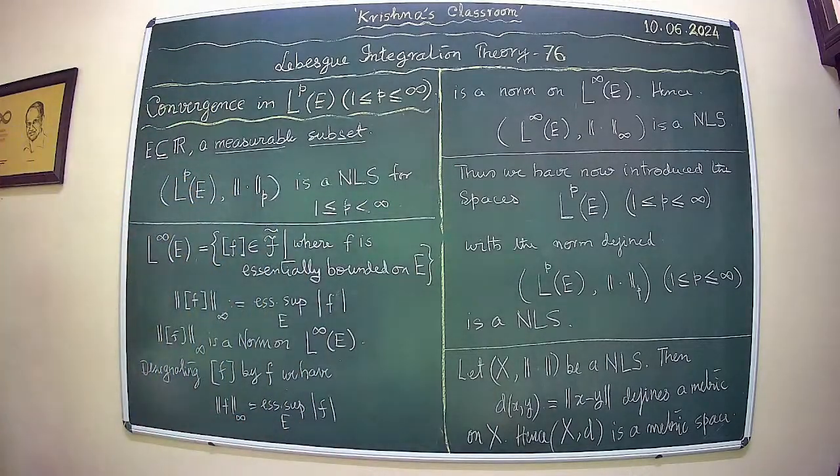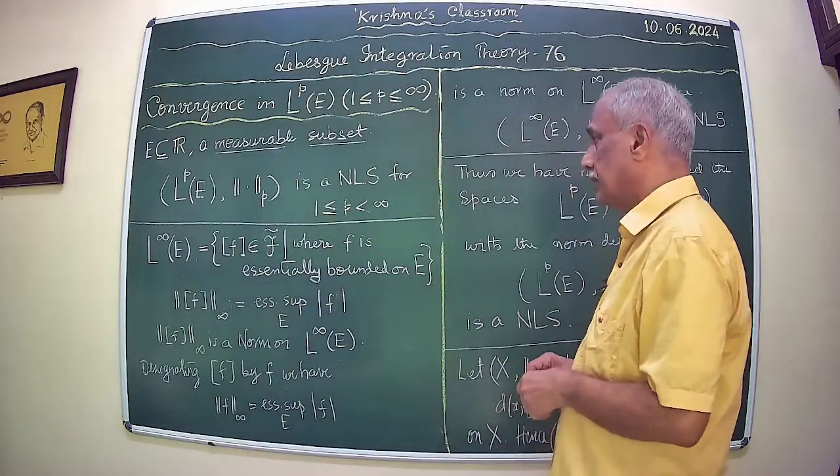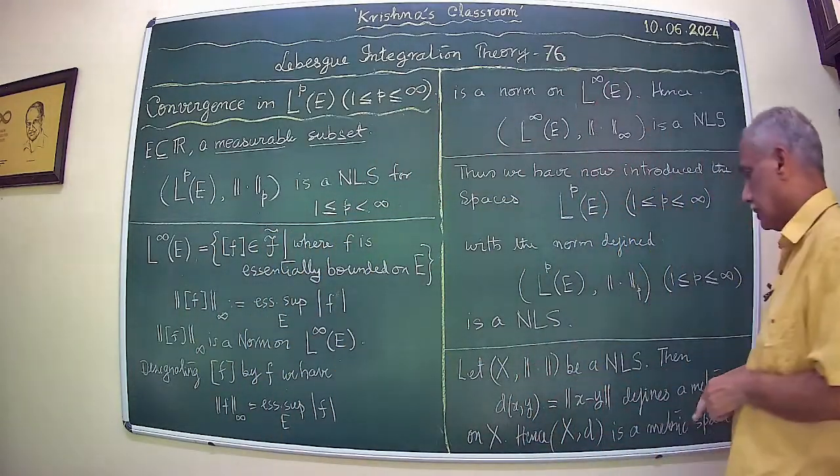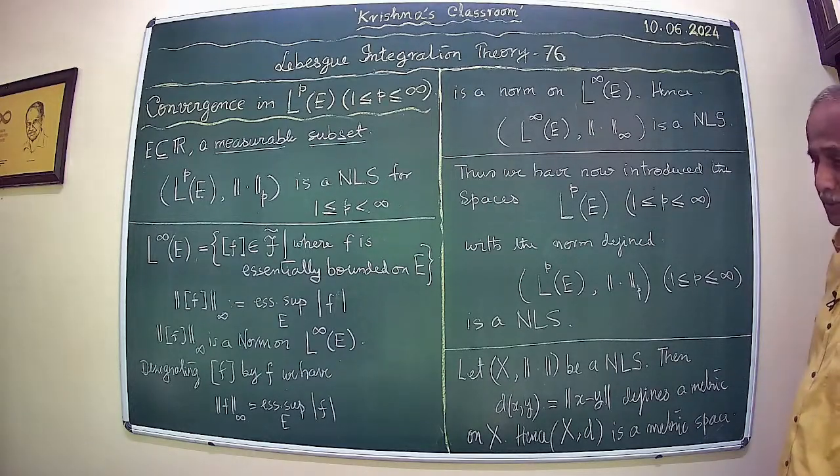Therefore, L^p is a metric space with the metric induced by the norm.